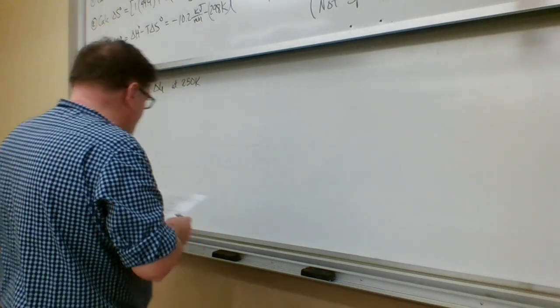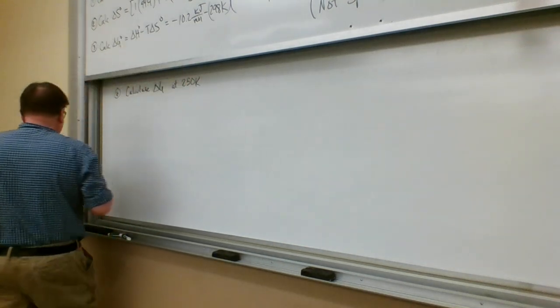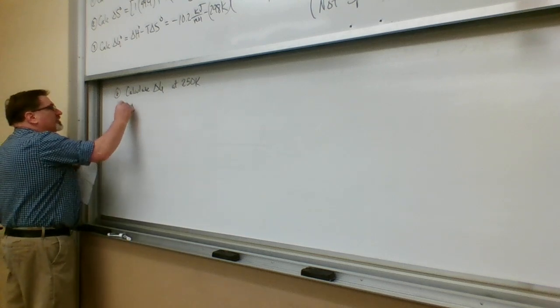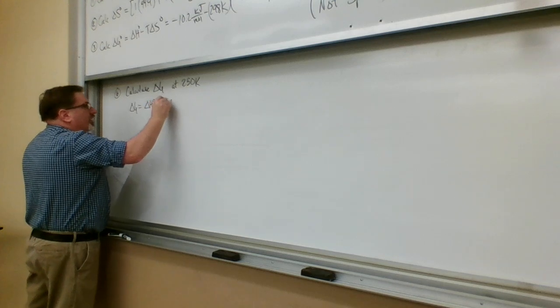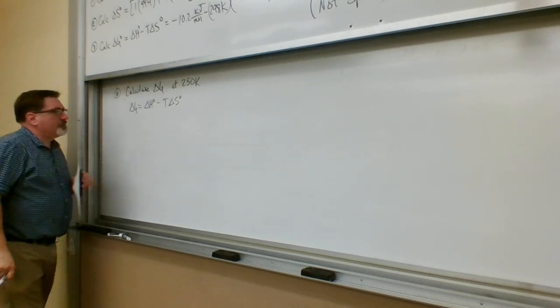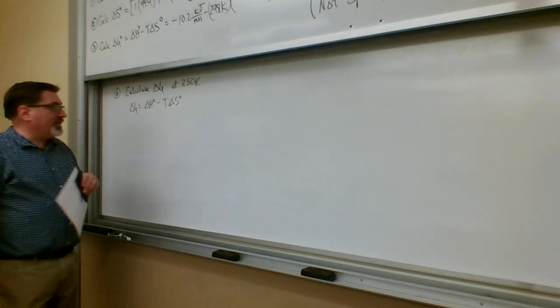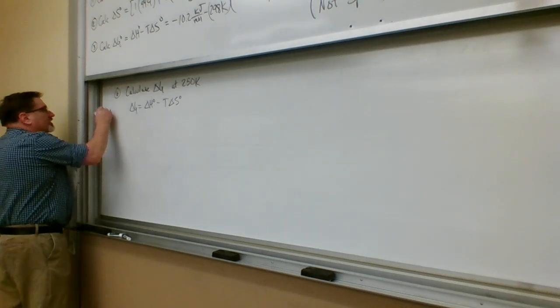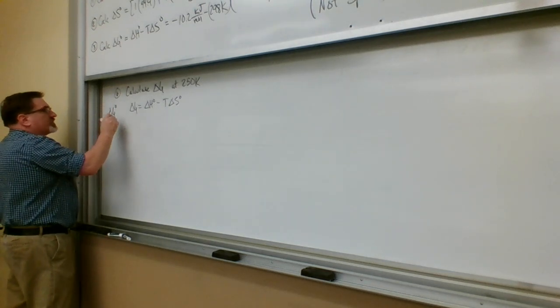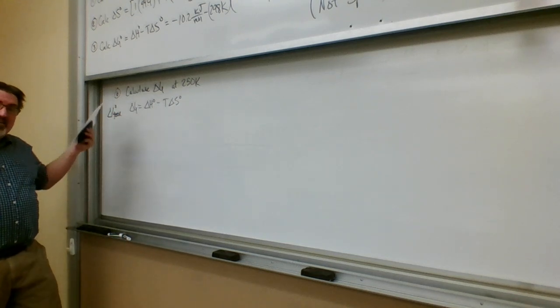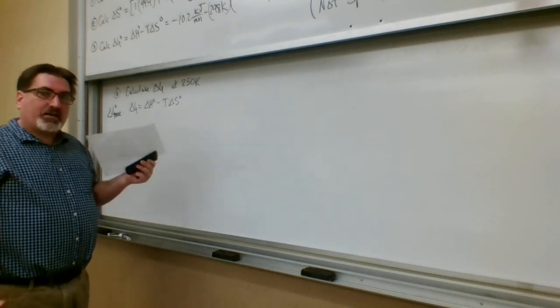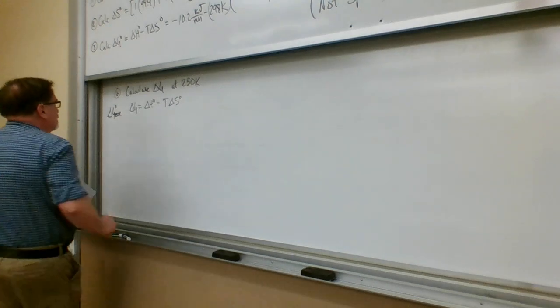So we're just calculating delta G. Delta G is delta H minus T delta S. Sometimes you'll see this written as delta G0 sub 250K to designate that it's otherwise a standard calculation, but it's at 250 Kelvin.